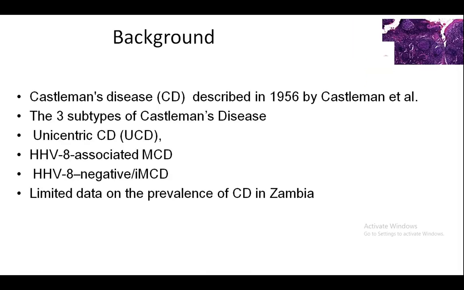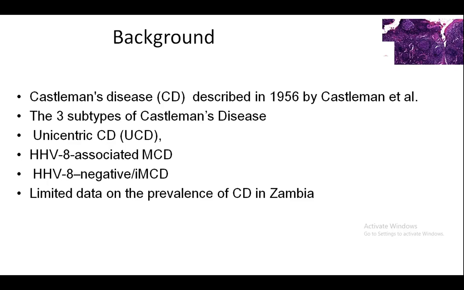So, what is Castleman's disease? This is a disease that was described in 1956 by Mr. Castleman and others. They described it in a group of patients in whom they had noted hyperplastic lymph nodes, and a common presentation is generalized lymphadenopathy.